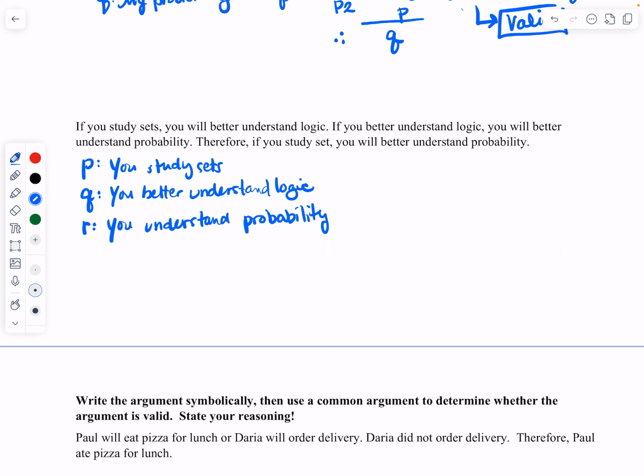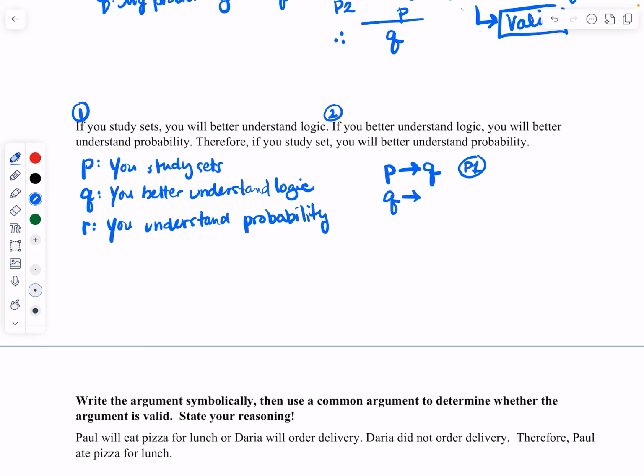Okay, so let's look at sentence number 1. If you study sets, you will better understand logic. Okay, so that's if P, then Q. So that's a conditional, and that's going to be premise 1. Second sentence, if you better understand logic, that's Q, you will better understand probability. Okay, so it's an if-then as well.